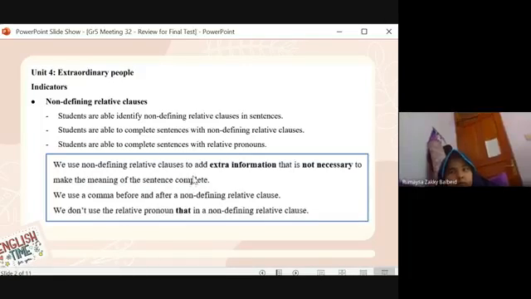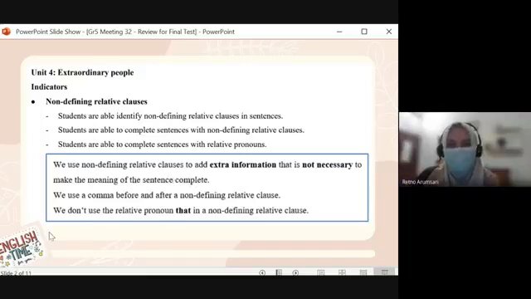The most obvious feature of a non-defining relative clause is the comma. We use a comma before and a comma after it, so usually you'll see two commas.